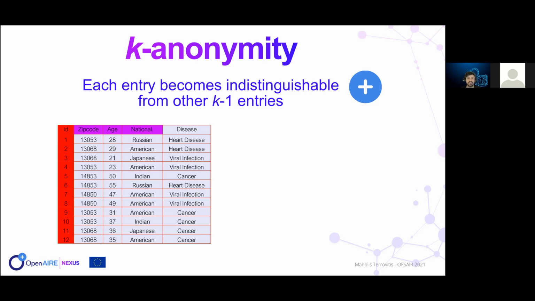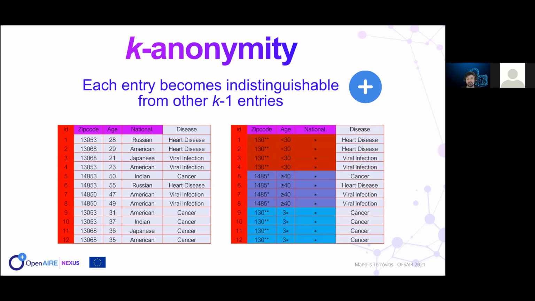So these secondary bits of information that can lead to the re-identification, we call them quasi-identifiers. And the data transformation happens on these fields that have to be first recognized by the one doing the anonymization. So what k-anonymity will do is it will transform the values of these fields.